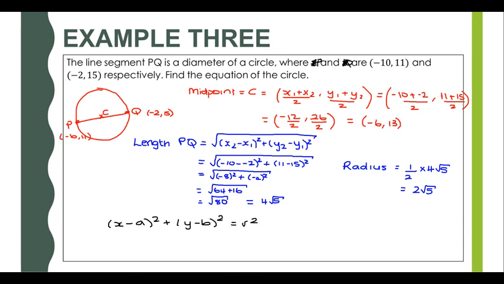And if we substitute in the values we've got, we get x minus 6 squared plus y minus 13 squared is equal to 2 root 5 all squared, which we can simplify to give us x plus 6 squared plus y minus 13 squared is equal to 4 times 5, so 20.